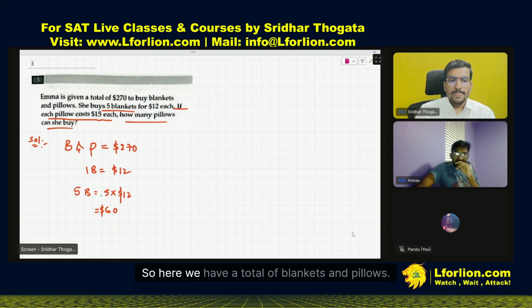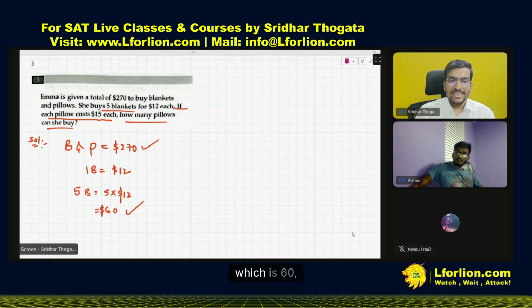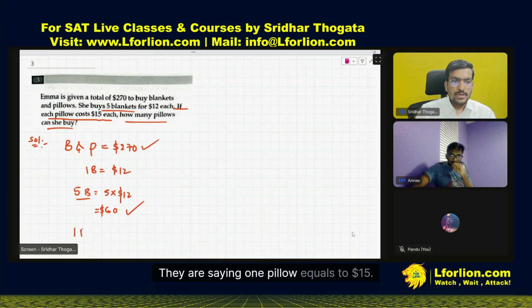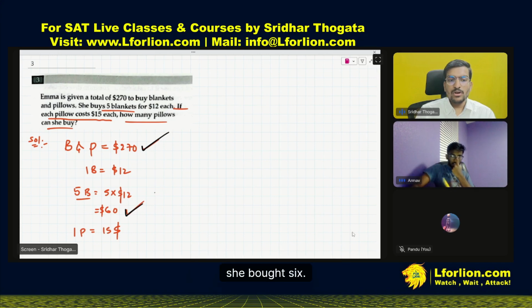So here we have a total for blankets and pillows. We got the cost of blankets, which is $60 for 5 blankets, and we need pillows. Now, for the pillow, they are saying one pillow equals $15, but how much money is left? Here Emma has $270. She bought 5 blankets for $60.